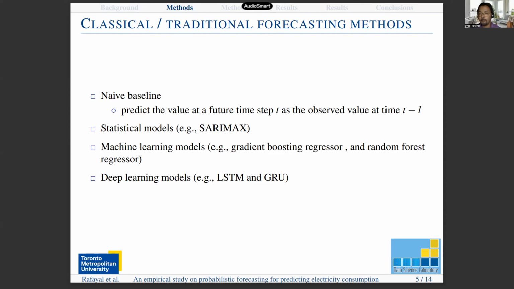As machine learning models, tree-based ensemble techniques are focused, especially GBR and random forest, which are shown to be effective for time series forecasting. As deep learning models, we employ RNNs named LSTM and GRU, which are particularly suited for time series forecasting, as they have the ability to capture long-term dependency through gates and cell states.